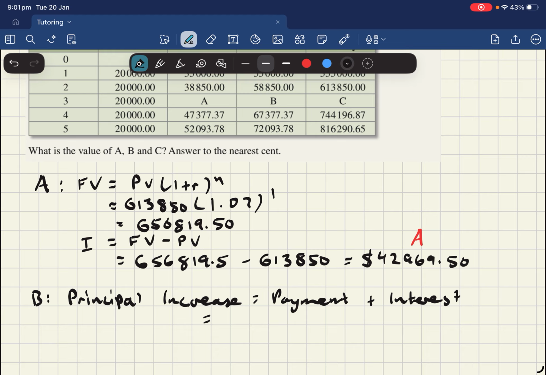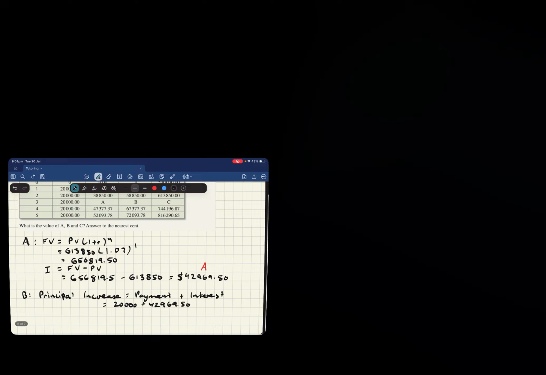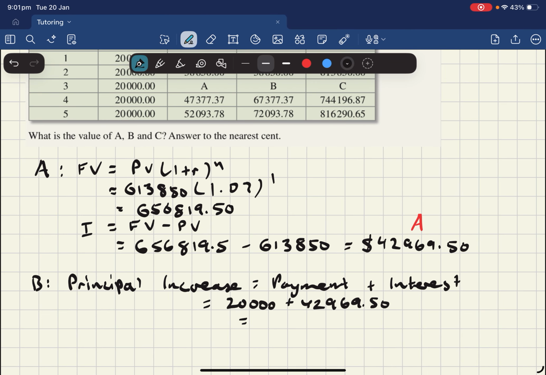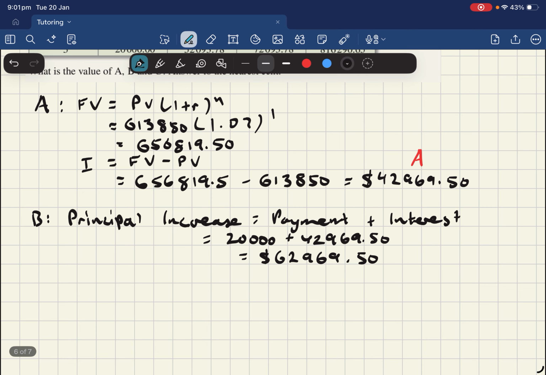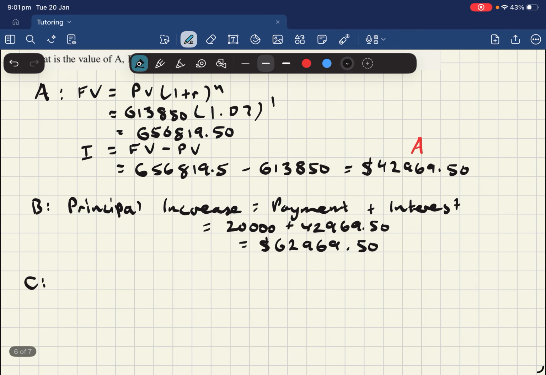So here we have our payment of $20,000 plus 42,969.50, which gives us $62,969.50. Okay, so last part, looking at part C. Now that we have our principal increase, let's actually label this. This is B.